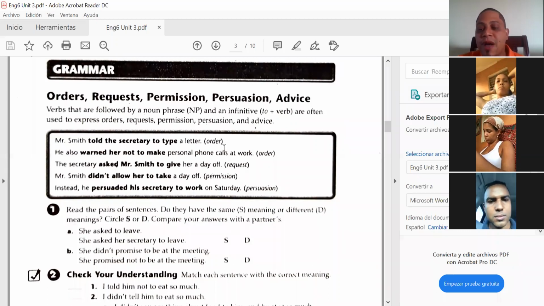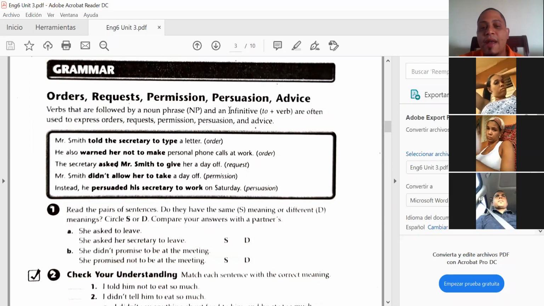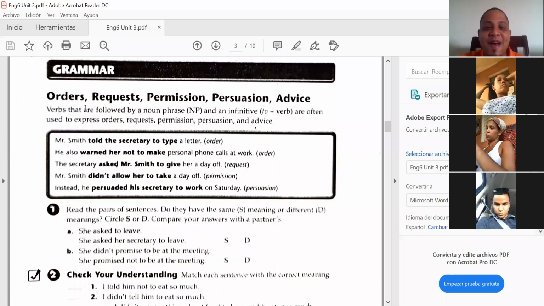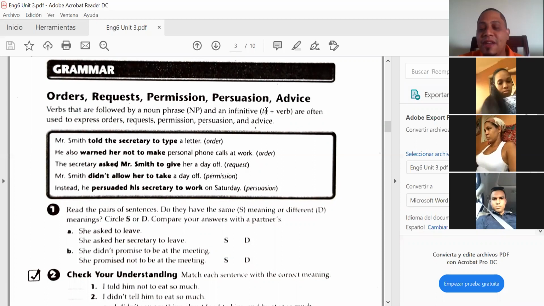But for you to have a complete sentence, it says here that those verbs are followed by a noun phrase and an infinitive, right? So the verbs are followed by a noun phrase and an infinitive.